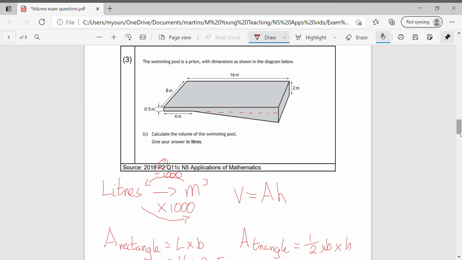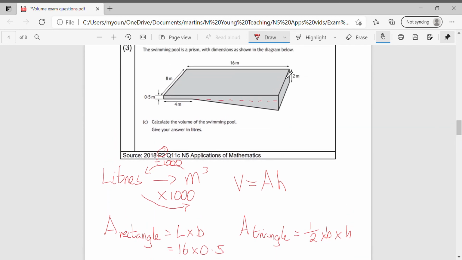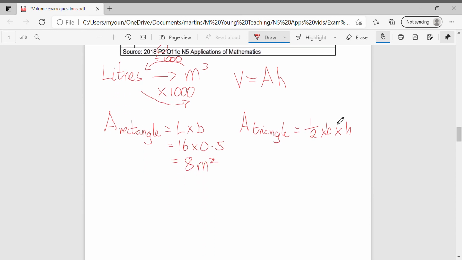It goes along here, so that's one value. Now I've got to work out, well, what's the height? Well, we know that it's 2 meters from top to bottom, but we also know that this bit in here is 0.5 meters, so it must be 1.5. So that's our two lengths, 12 and 1.5. So it's going to be a half times 12 times 1.5.